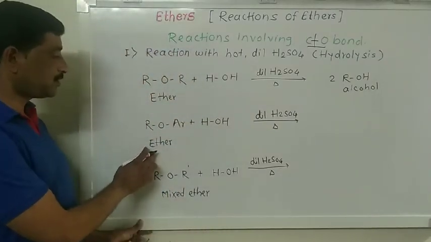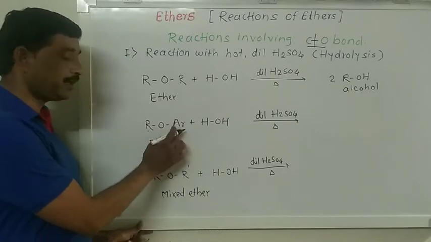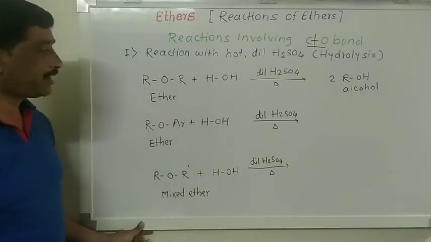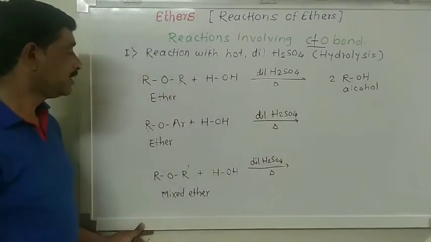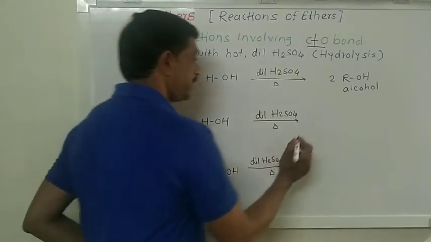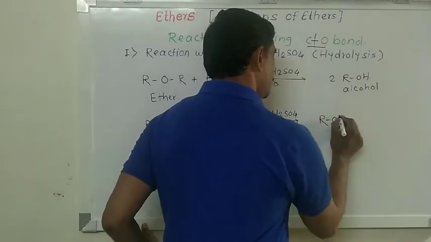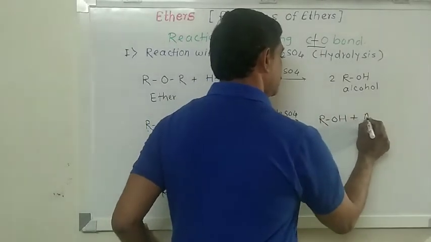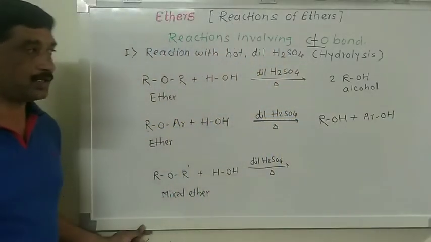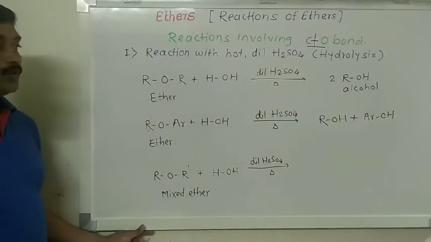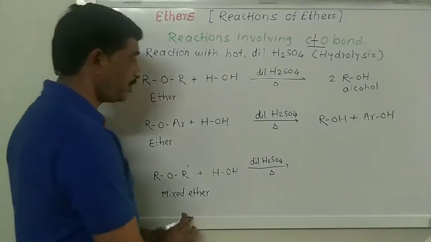When ethers having one alkyl group and one aryl group are reacted with hot and dilute sulfuric acid, then what happens? Here we get one molecule of alcohol and one molecule of phenol.